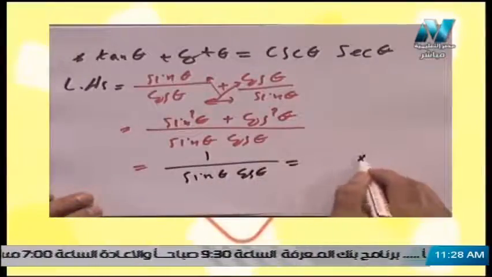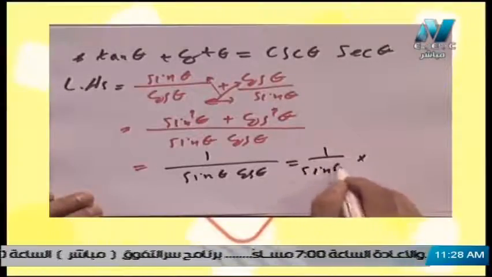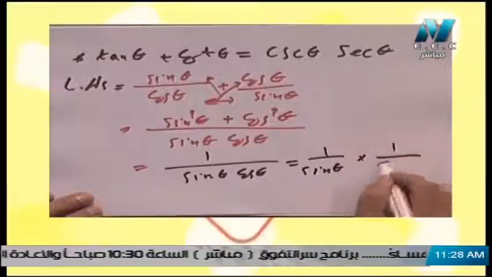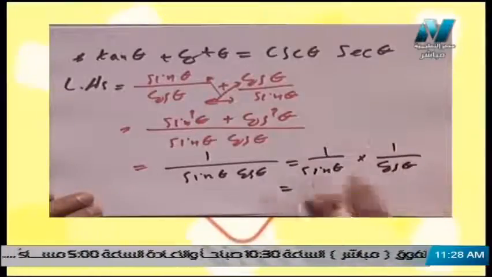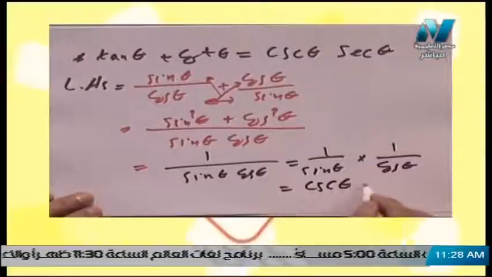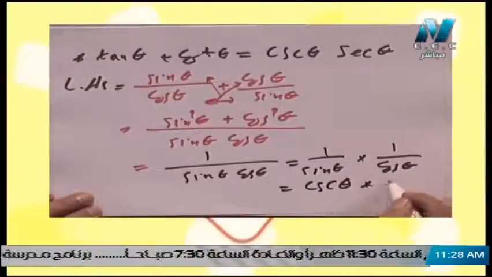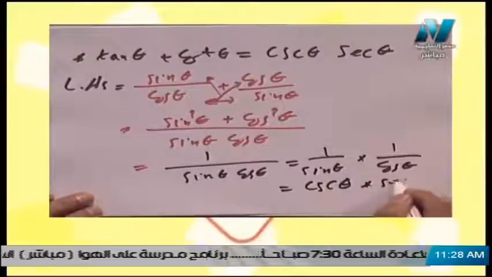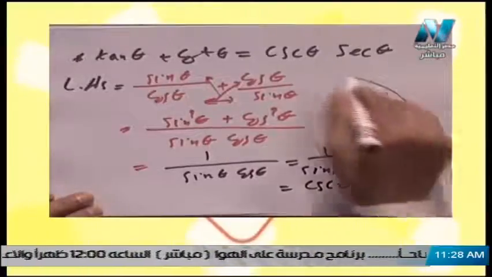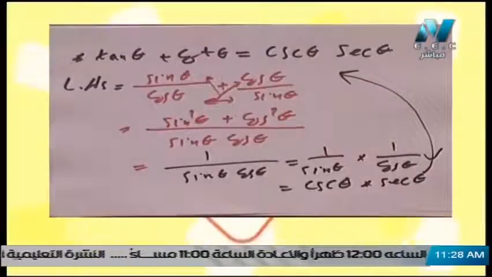We can separate them. We can make it 1 over sine theta multiplied by 1 over cosine theta. So 1 over sine theta, you know that it's cosec theta, multiplied by 1 over cosine, the reciprocal of sec theta. And this is the right hand side, and we have succeeded to prove it very carefully.